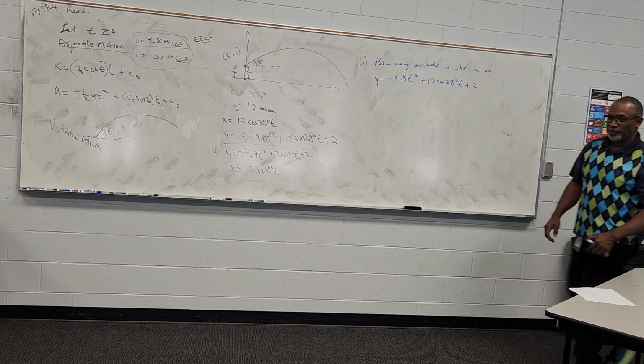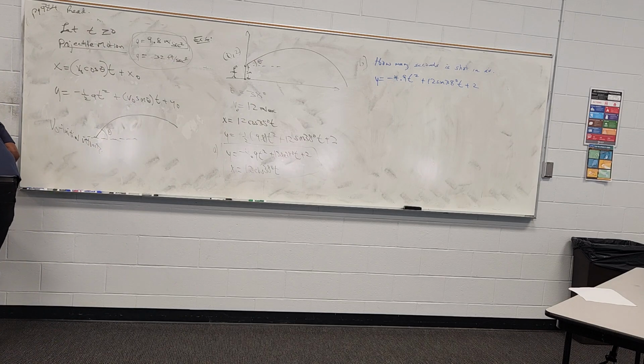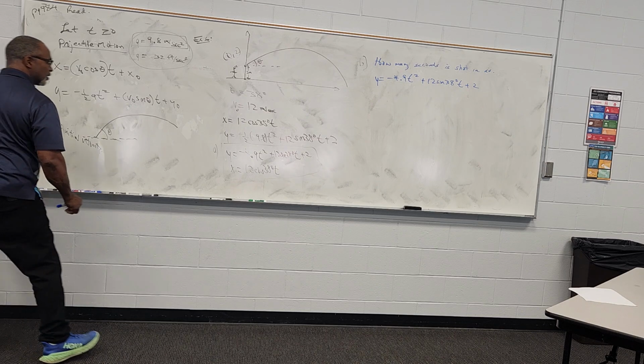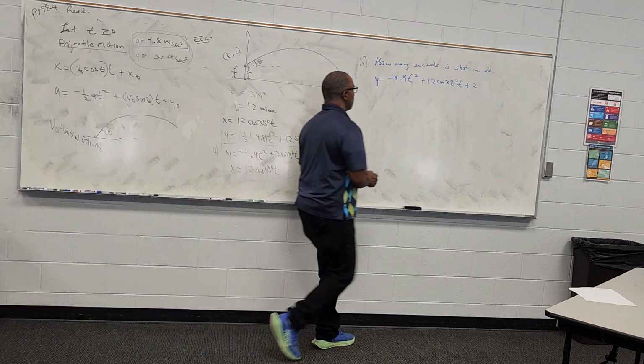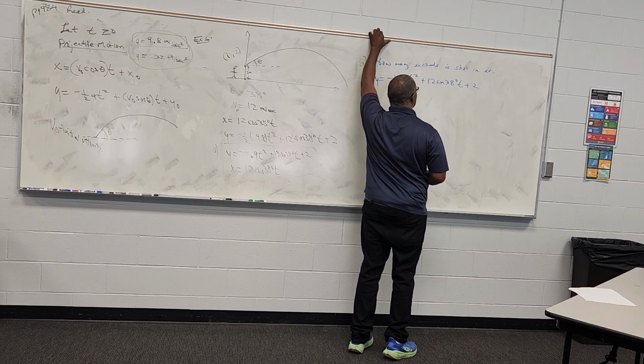Well, of course, I can't find my calculator. Nope, I don't have my calculator. Doesn't matter. Sine of 45 is square root of 2 over 2, and 38 is pretty close to 45.